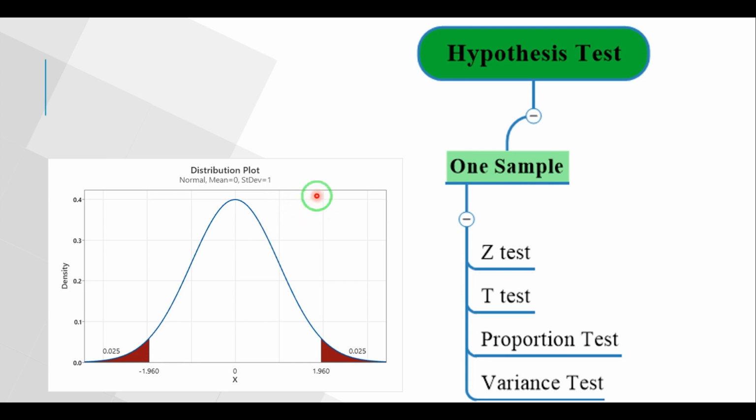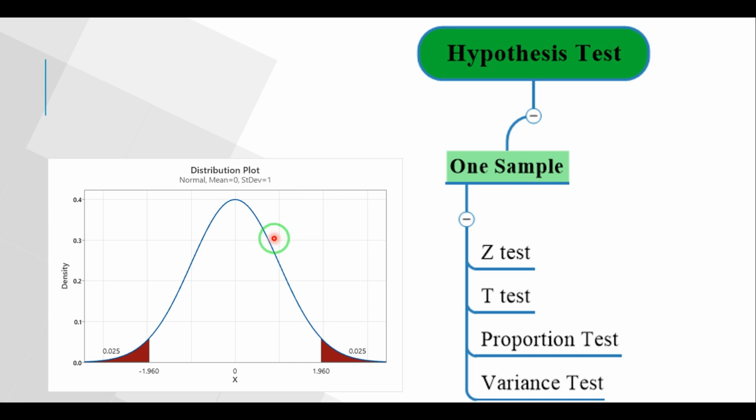Here in our tutorial, we consider a 5% significance level, which is often noted as alpha equal 5%, and it is commonly used as a threshold in hypothesis testing in order to determine whether the results of a statistical test are statistically significant or not. If the p-value, the probability value from the test, is less than or equal to 5%, this means you would reject the null hypothesis in favor of the alternative hypothesis.